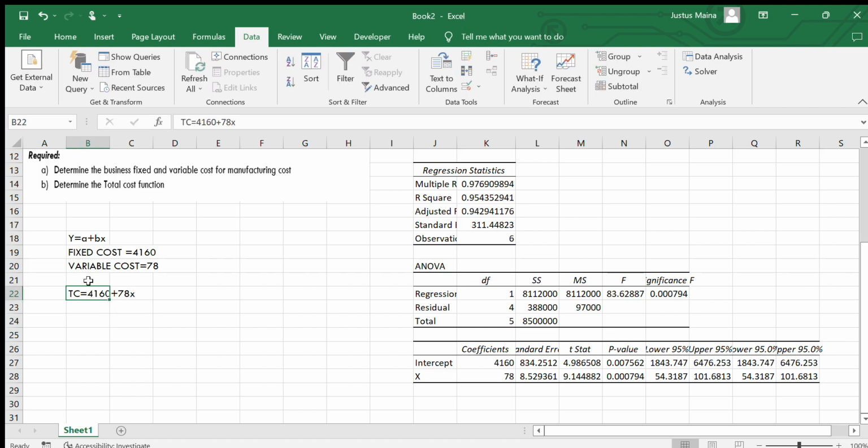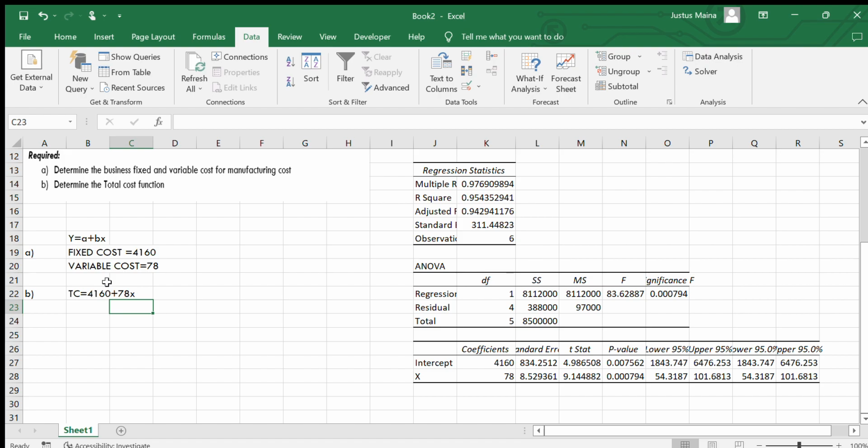So in simple terms, we have solved A, where we needed to determine the fixed and variable cost, and then we have solved B, where we needed to determine the total cost function. So we have been able to see what the fixed cost is and what the variable cost is.